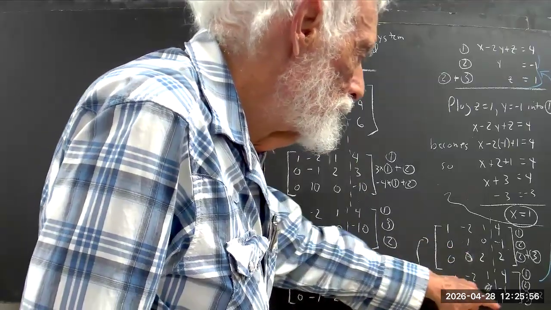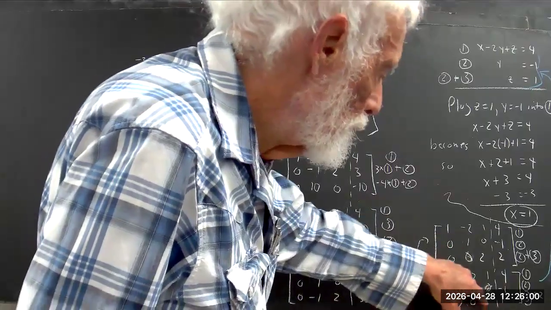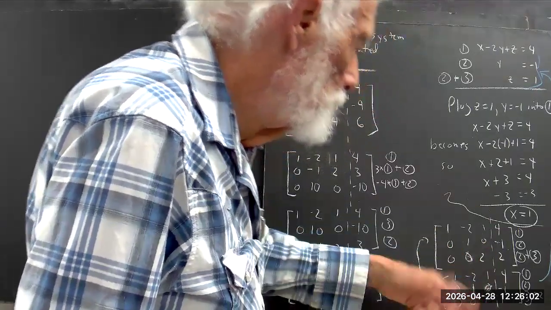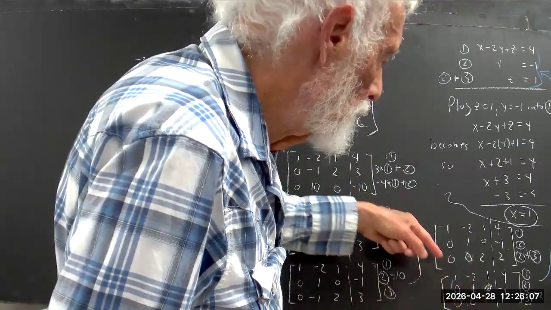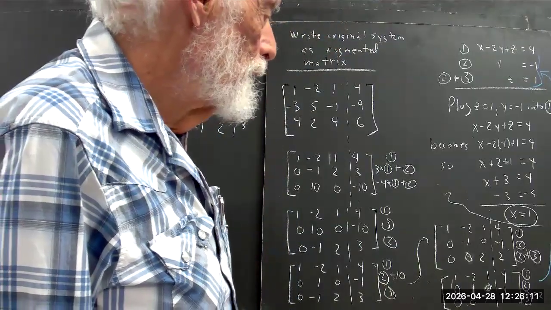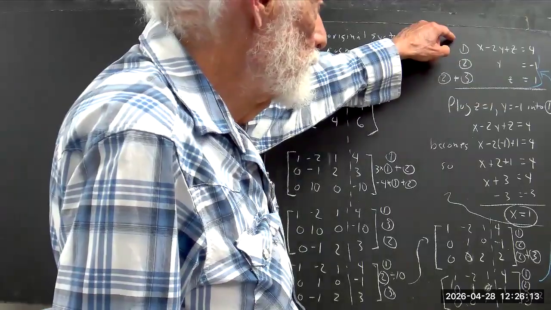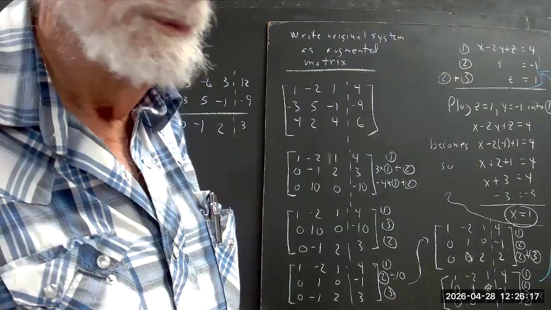Once we have that, we can get a 1 in the third column of the third row, and we have 1, 1, 1 on the diagonal elements of the matrix, okay? And that translates into a system that we can solve by back substitution.